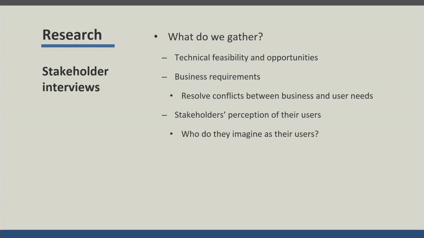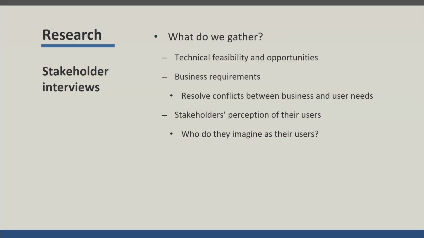So knowing the conflicts is important for you to resolve them. So it's good to know them early on in the design process, and then you can do user research, and then you can think about resolving those conflicts if there are any. Okay. Now, stakeholders' perception of their users, what do they imagine their users are? Okay. So, that also you get a sense of.